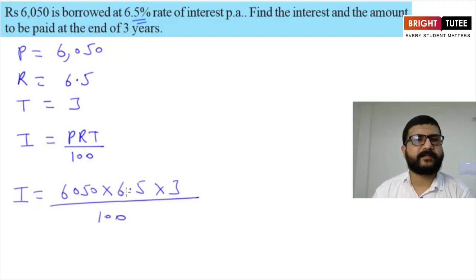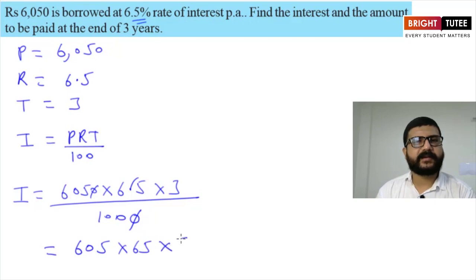Now we have to simplify this. We can remove this decimal from here and put 10 in the denominator. Now we can simplify this. We can cancel 10 with 10 here. Now we are left with 605 into 65 into 3 divided by 100.